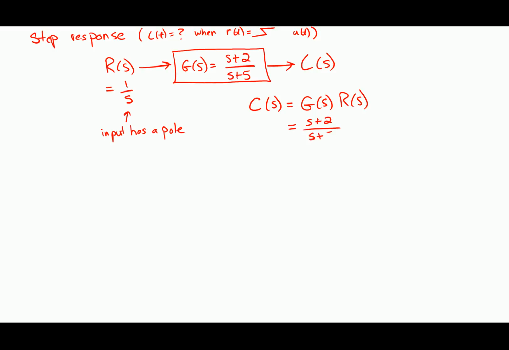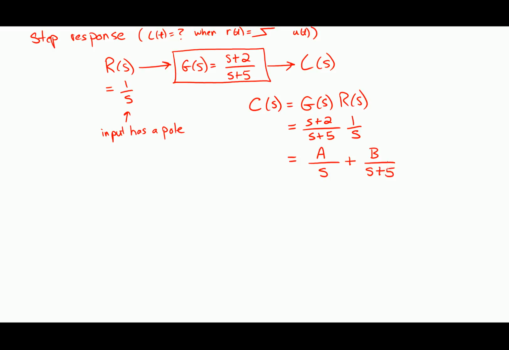Okay, so I substitute in what G of S is, substitute in what R of S is, right? So now I have the Laplace transform of the output, and I need to inverse Laplace transform that. You learned that if I wanted to compute an inverse Laplace transform, I use the method of partial fractions, which basically says for a system like this, what I have is a over S plus b over S plus 5.